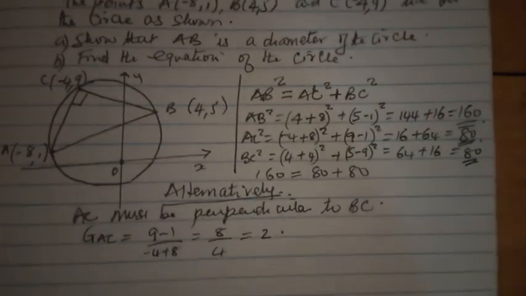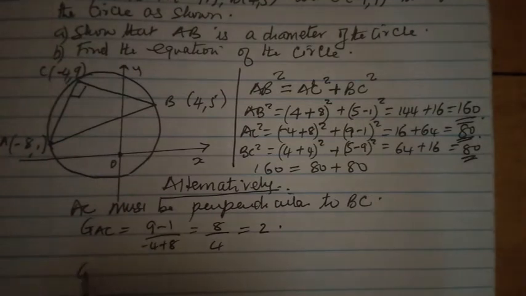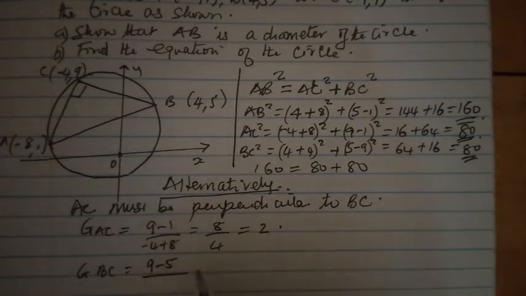And again, the gradient of BC is 9 minus 5 over minus 4, which is 4 over minus 8, which is minus a half.